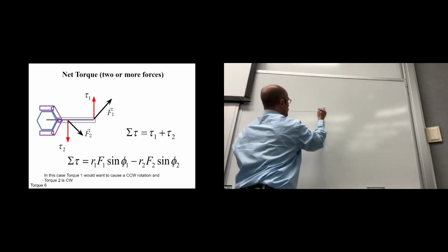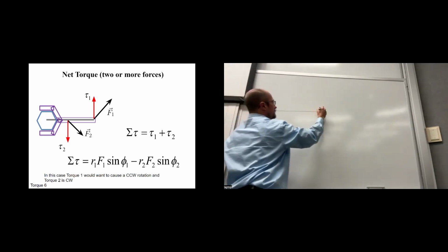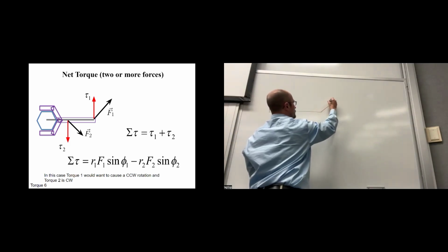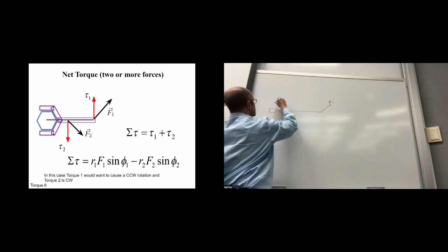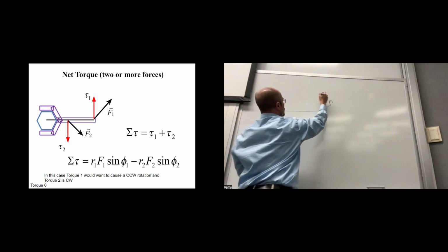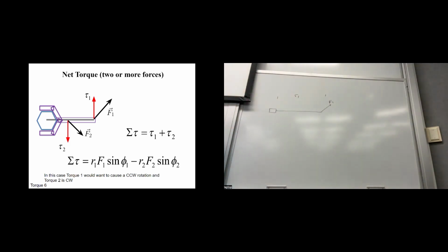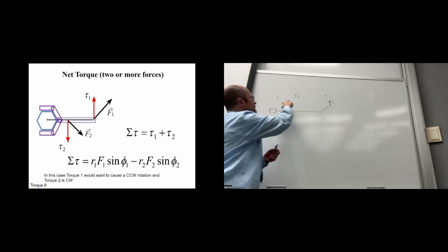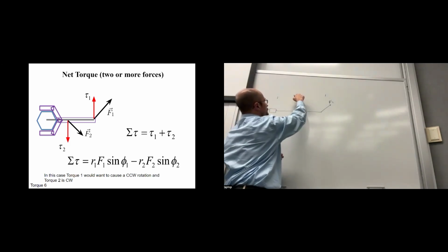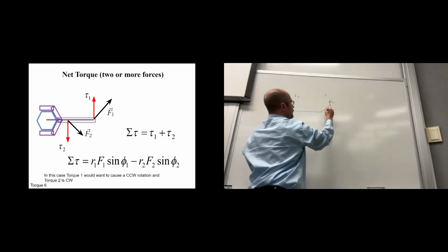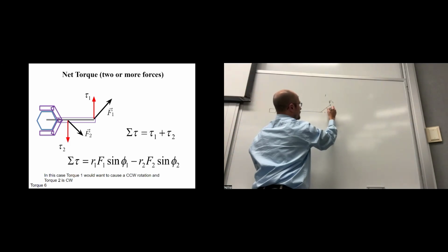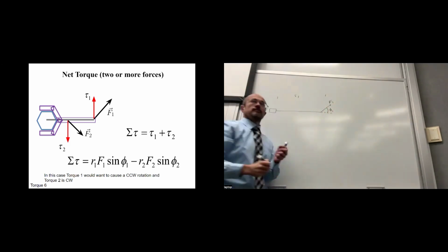So here's our lever arm. They tell us that force 1 is here. And we'll just mark this way. Force 1 acts at R1, because every force has its own distance that it is applied to. So this is R1. It goes with F1. And here is phi.